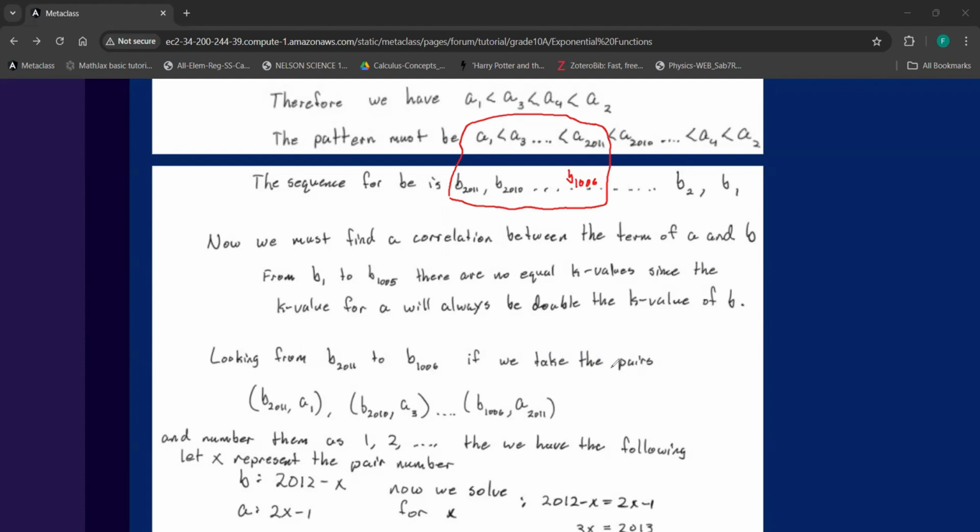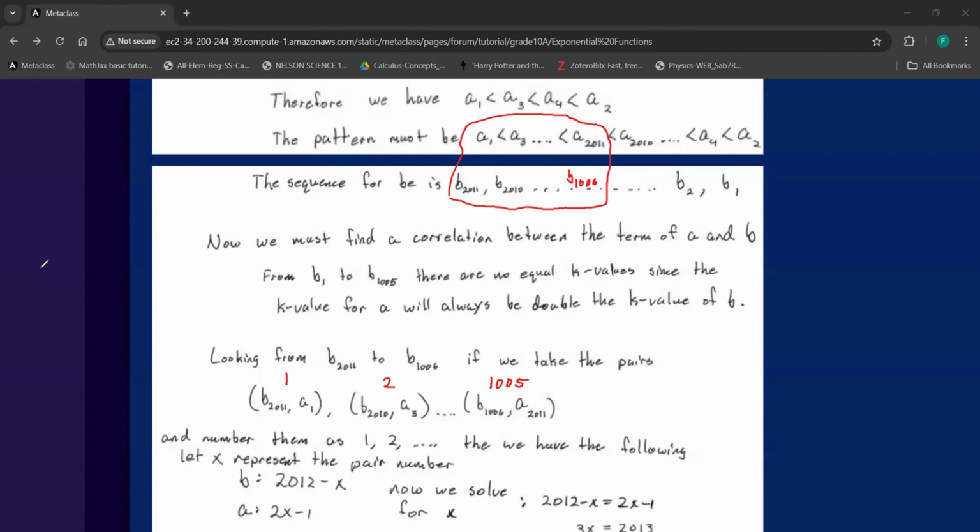So we take the pairs, so we basically pair up the correlating terms. A1 is equal to B2011, A3 is equal to B2010. And that is what we write over here. And we number them as 1, 2, and so on and so forth. So this one will be 1, this is 2, all the way until this one, I believe this is just 1005.